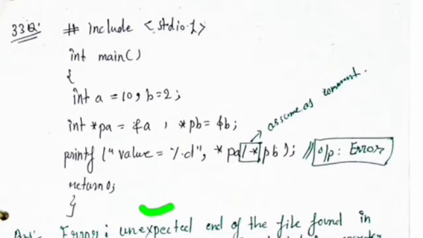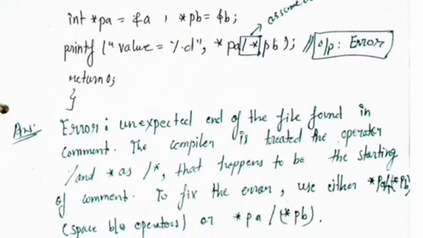Unexpected end of file found in comment. The compiler treats the operator slash and asterisk as the start of a comment.